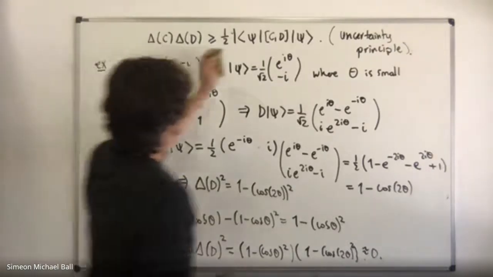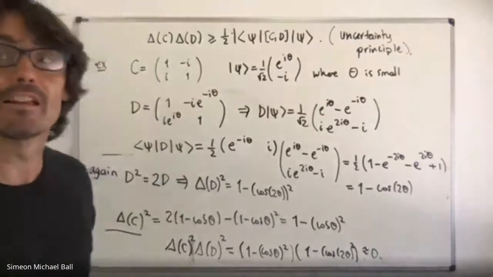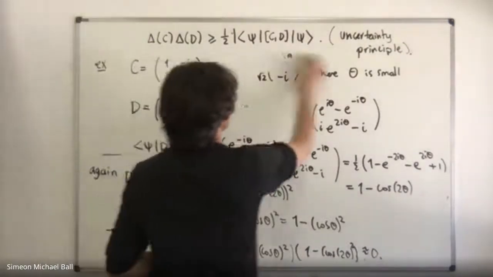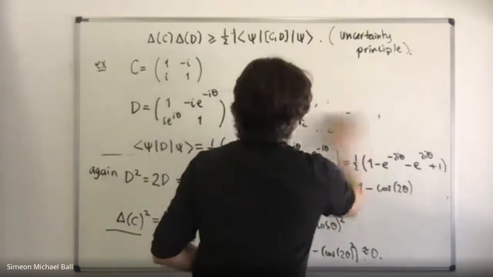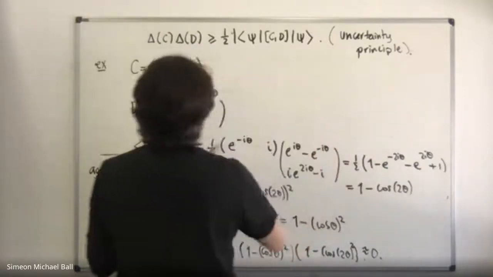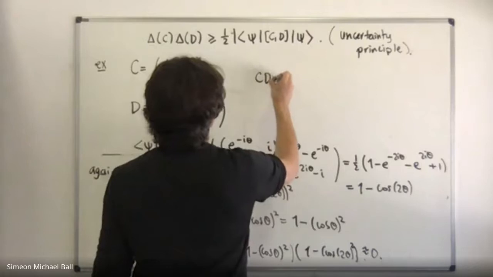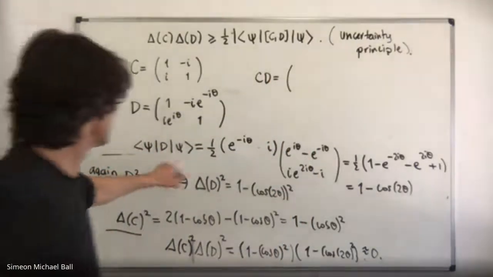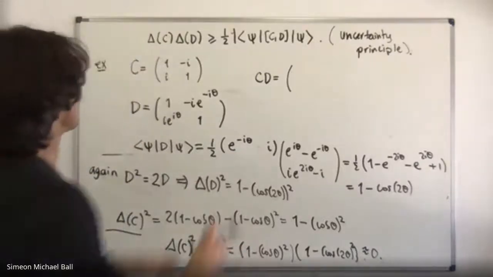Now I can get rid of sine, I don't need it anymore. We can check that C times D is, I do need psi, but it's still positive, still positive in its bra form.